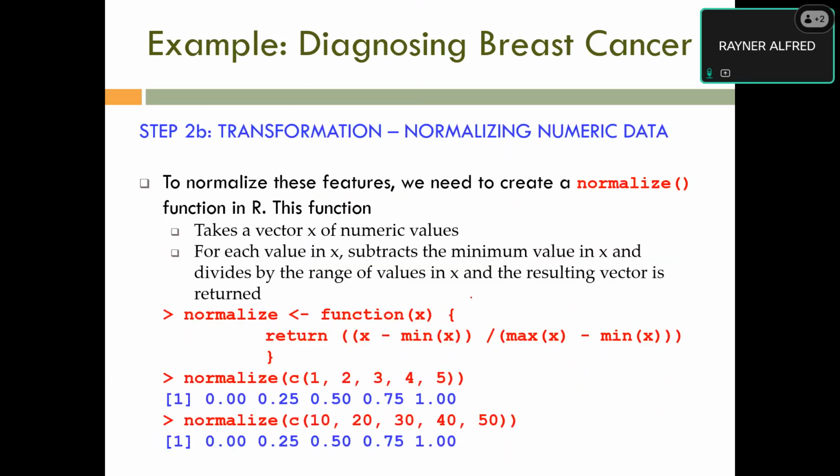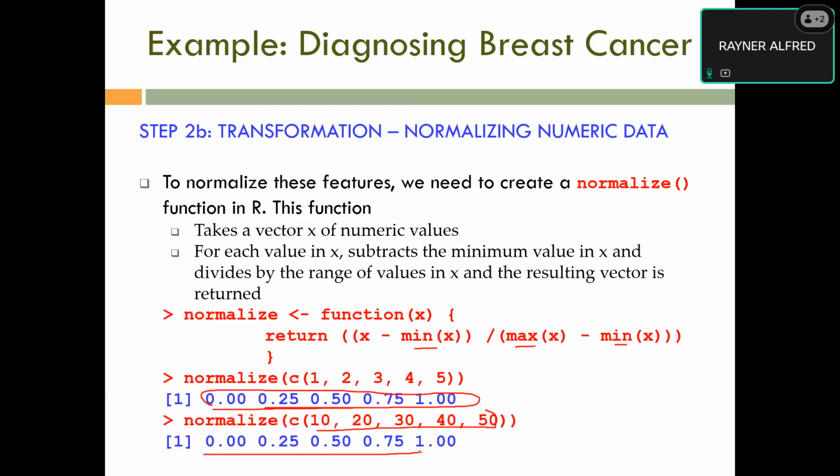So we use the min max. The min max is used to normalize the values that we have. For example, if we normalize 1, 2, 3, 4, these are the values that we have. If we are looking at 10, 20, 30, 40, 50, the answer will be this.